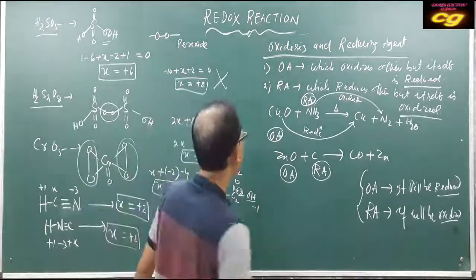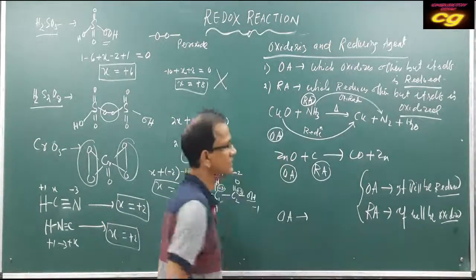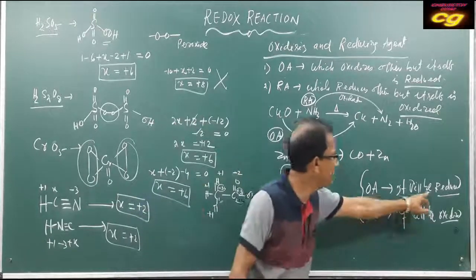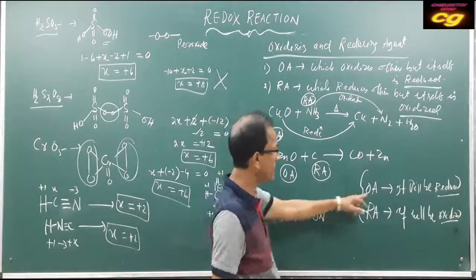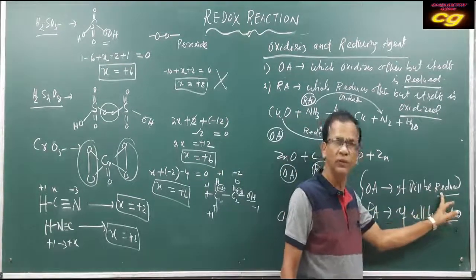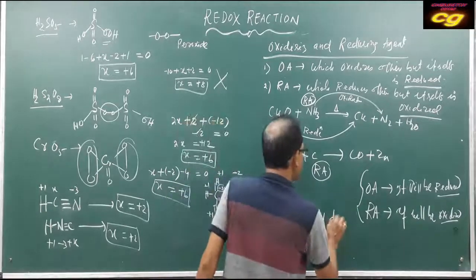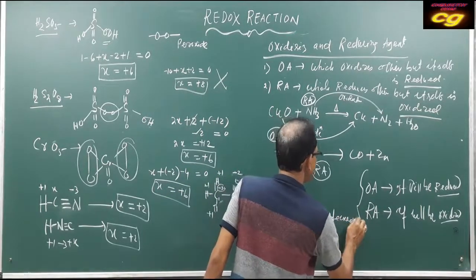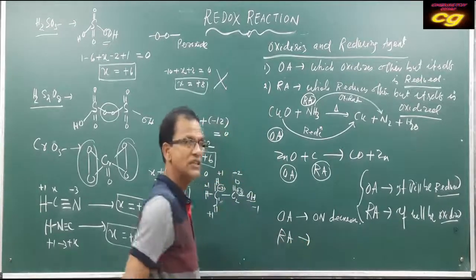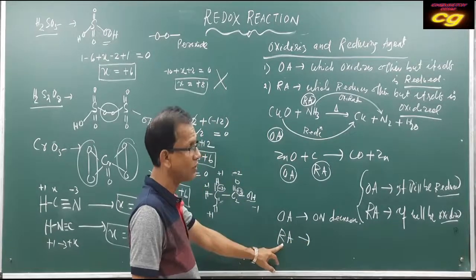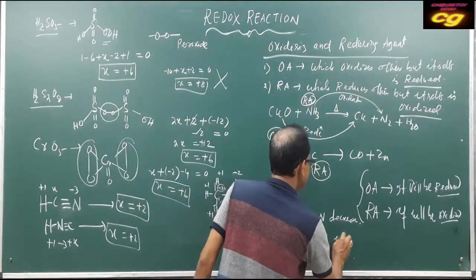Another thing to remember: an oxidizing agent itself will be reduced, and as it is reduced, its oxidation number decreases. A reducing agent, as itself is oxidized, its oxidation number increases.